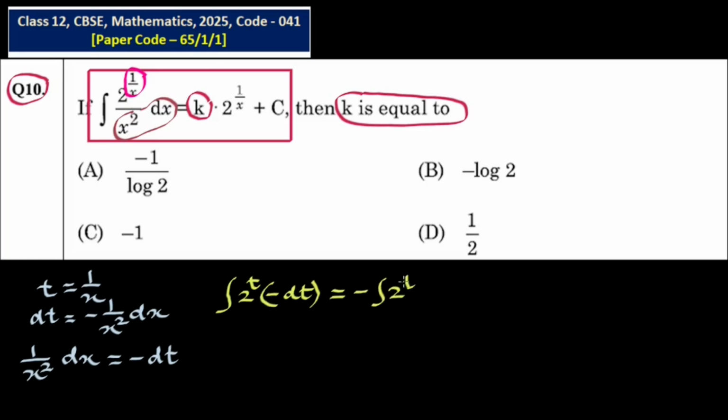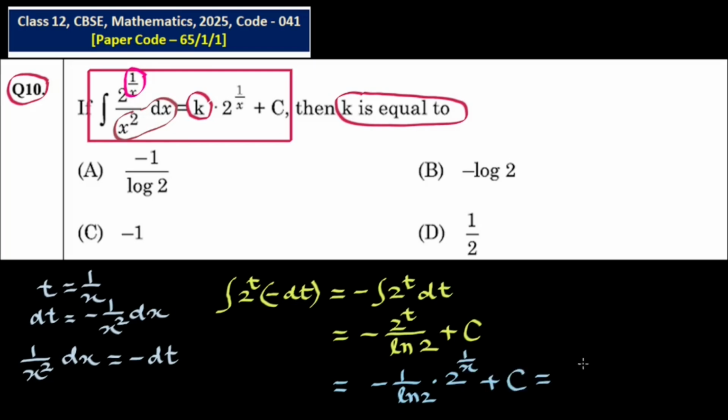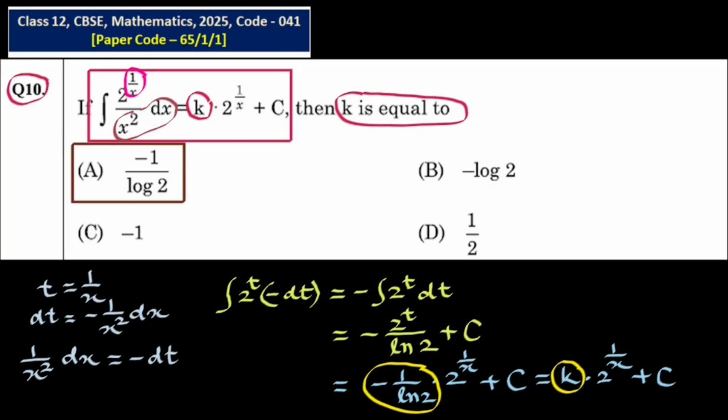Minus integral 2 raised to t dt, minus 2 raised to t upon ln 2 plus c, minus 1 upon ln 2 into 2 power 1 upon x plus c, which is given to be equal to k times 2 power 1 upon x plus c. Comparing the coefficients of 2 power 1 upon x, we get k equals minus 1 upon ln 2. So the correct answer option here is A, minus 1 upon ln 2, or minus 1 upon log 2 to the base e.